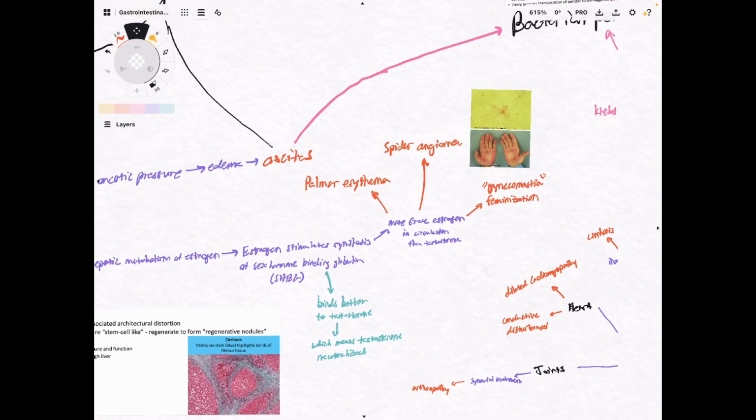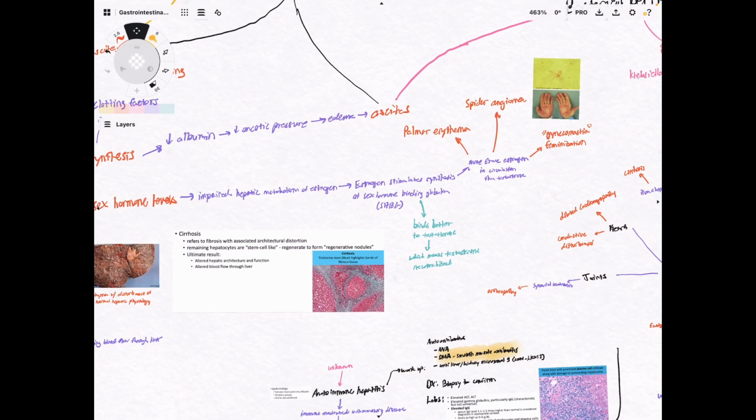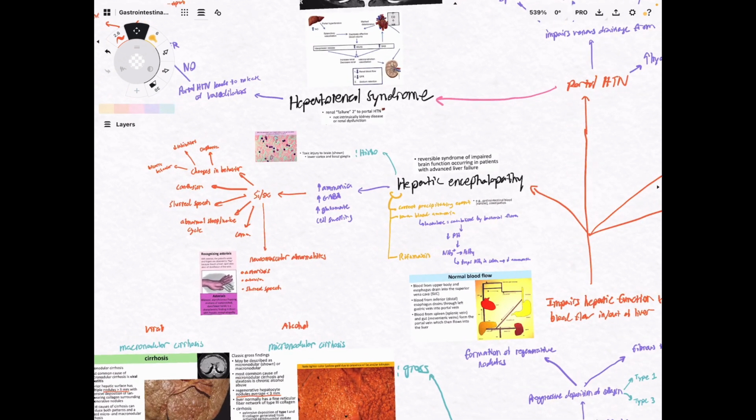mainly you get three side effects or symptoms from this free estrogen. You get palmar erythema, which you can see right here, spider angiomas, you can see here, and gynecomastia, or men growing breasts. All right, so we're going to talk about one more here.